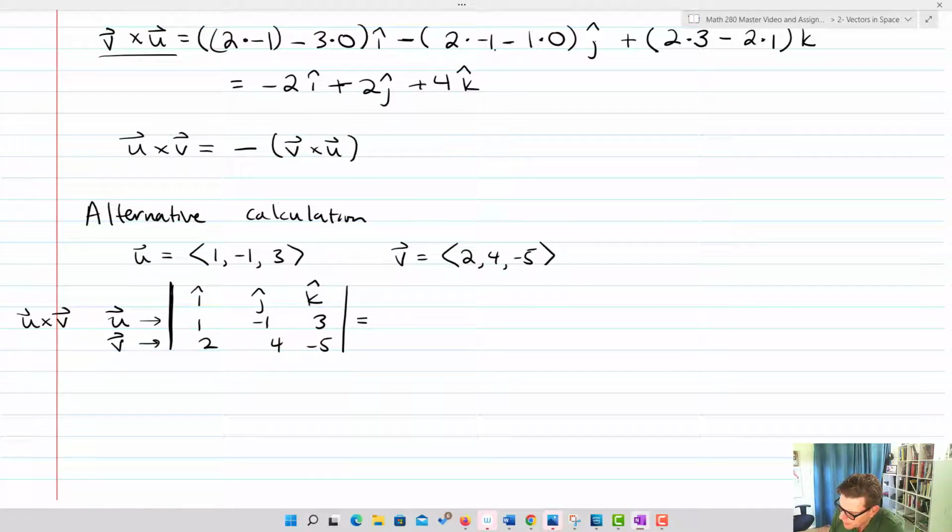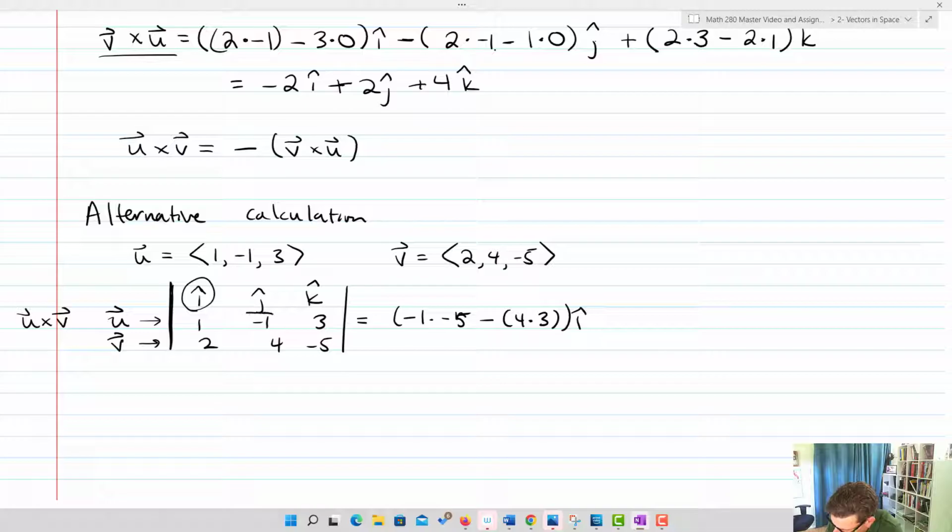So what we're going to do is start with i. We're going to take what we call a cross product, literally a cross product, and this is where it comes from. Negative 1 times negative 5 minus 4 times 3, and that'll be i, and we multiply that by i.